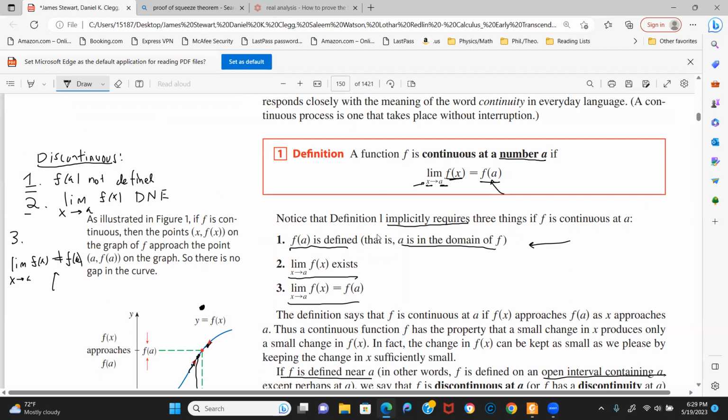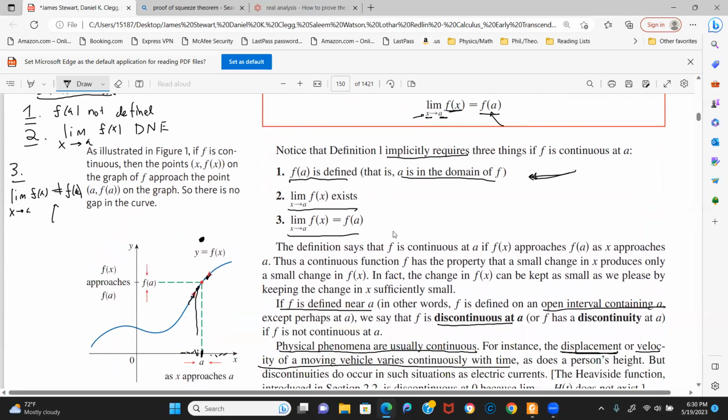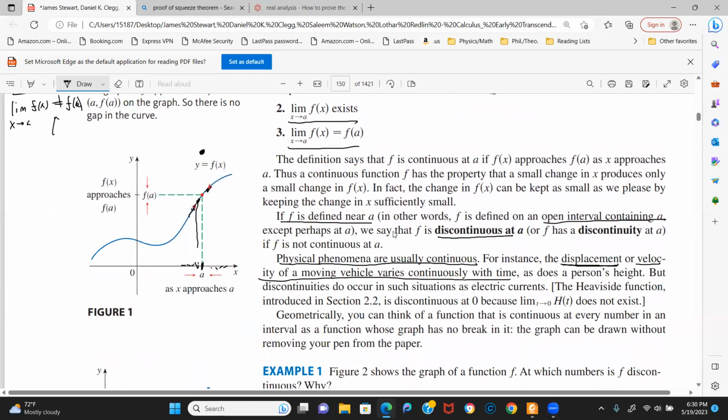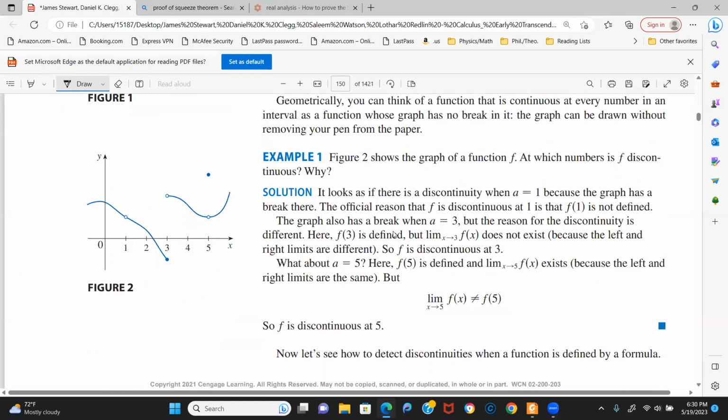And then there are three ways you can fail to be continuous, based on the fact that this definition of continuity presupposes three different things. Here's a picture illustrating some discontinuities. We have a discontinuity here, here, and here, and all the other points on the curve are continuous because they're joined together in a sense.